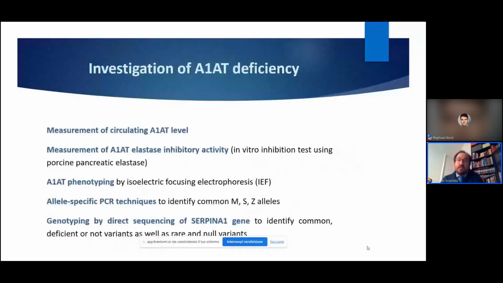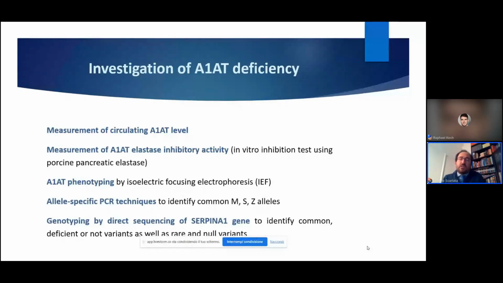Of note, let's move from the clinical side to the lab side and see which instruments we have to perform a proper diagnosis of alpha-1 antitrypsin deficiency.